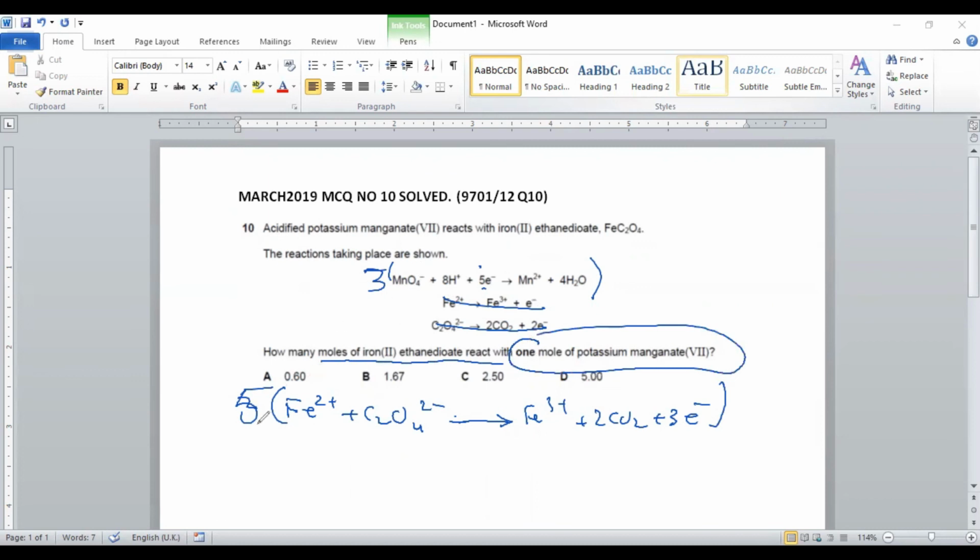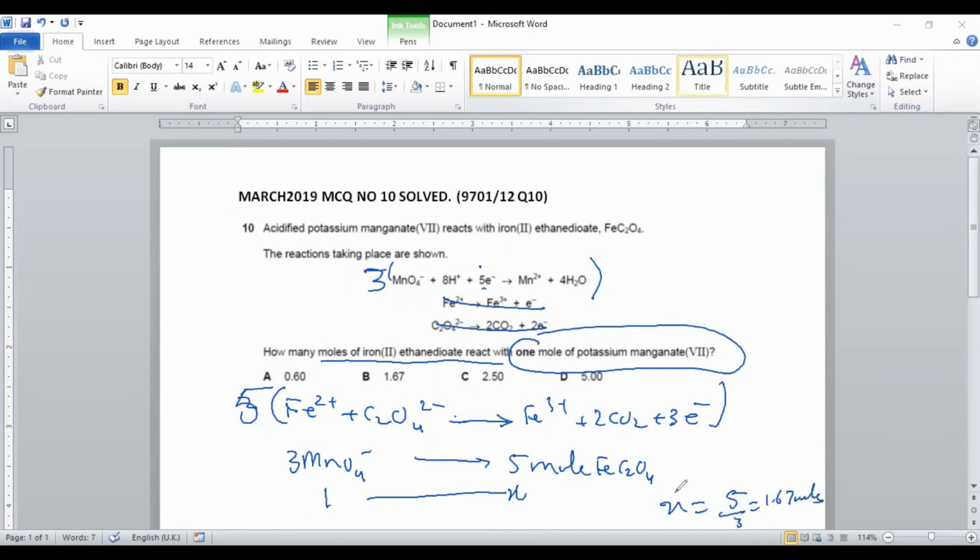So we just need the ratio. We got the ratio: 3 moles of MnO4 minus requires 5 moles of iron 2 to react completely. So if it is 1, this is x. So x is equal to 5 by 3, which is 1.67 moles. So B is the answer.